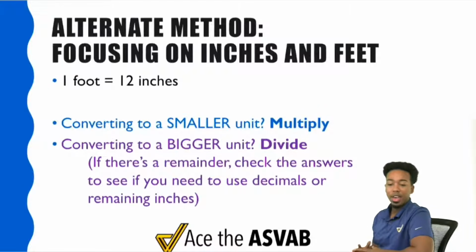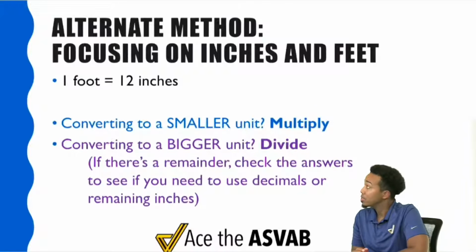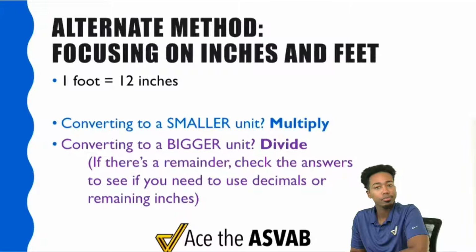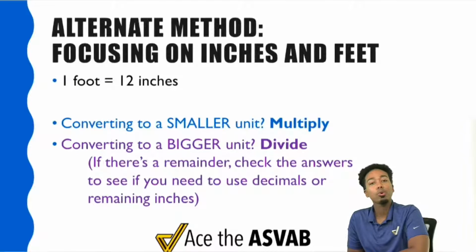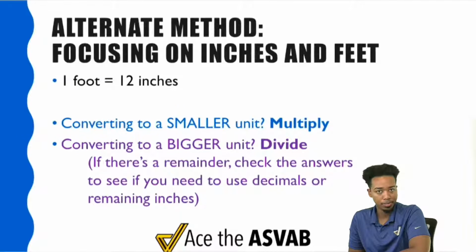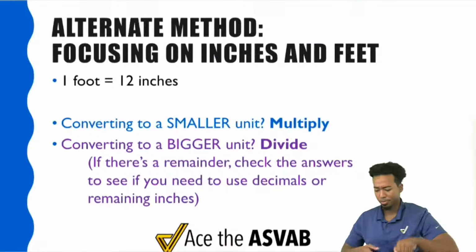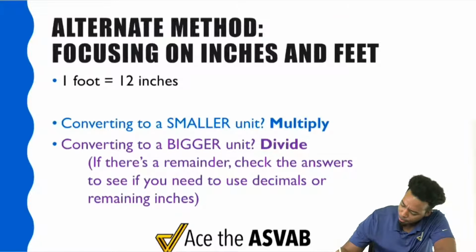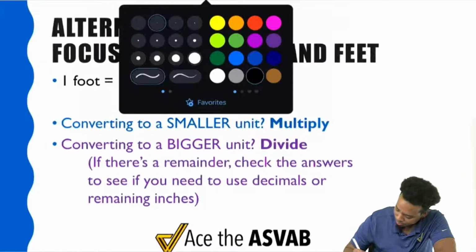So with that, here's the main idea. Again, if you want to convert to a smaller unit, you multiply. If you want to convert to a bigger unit, you divide. And here's why. When you're multiplying, going to a smaller unit, let's think about the example between feet and inches.